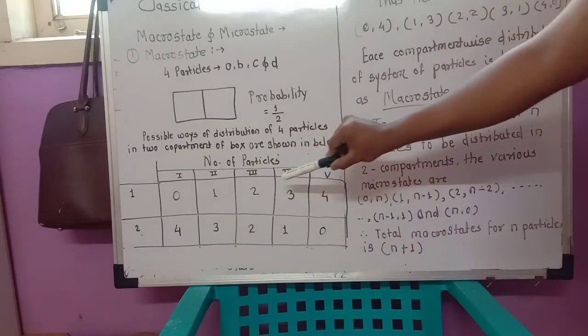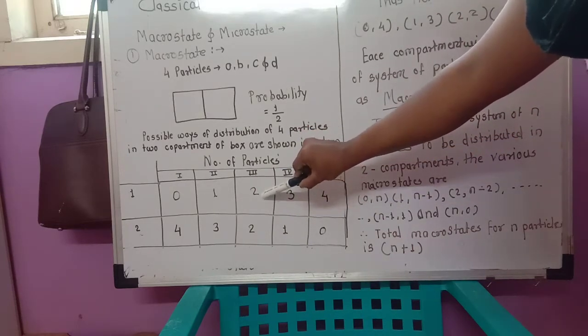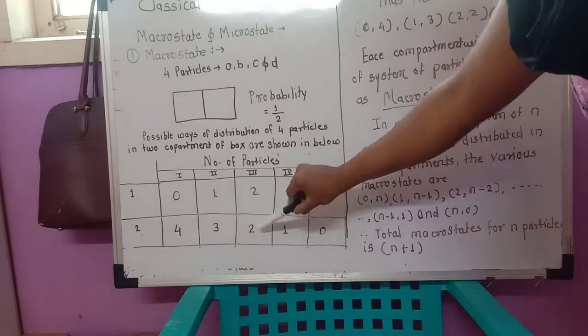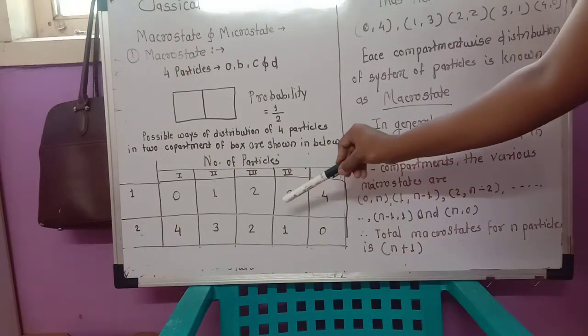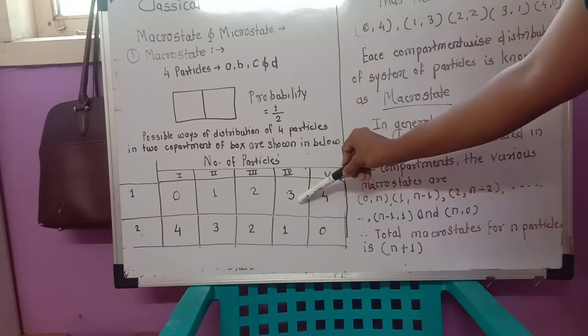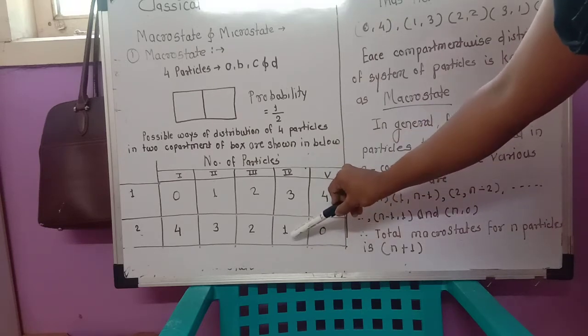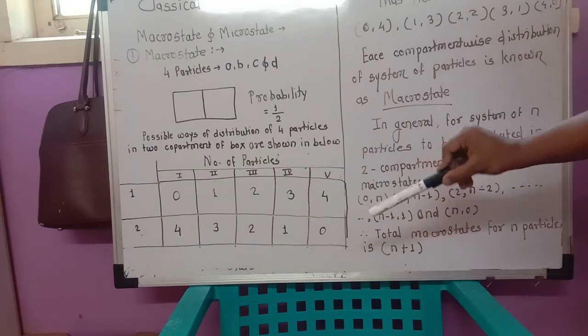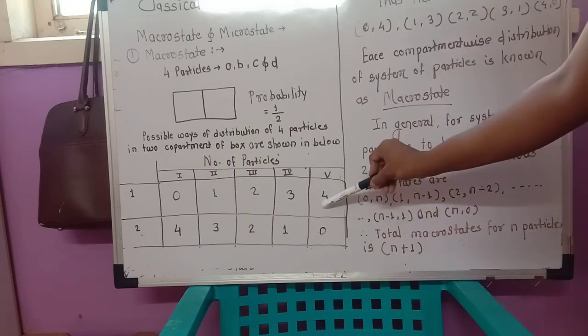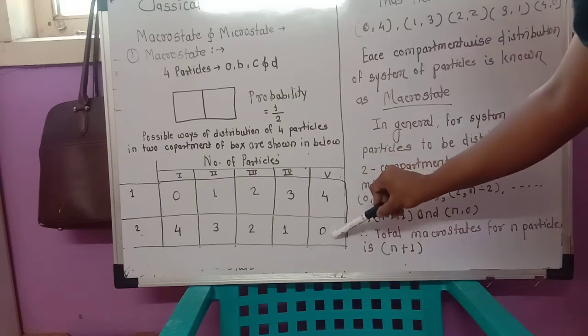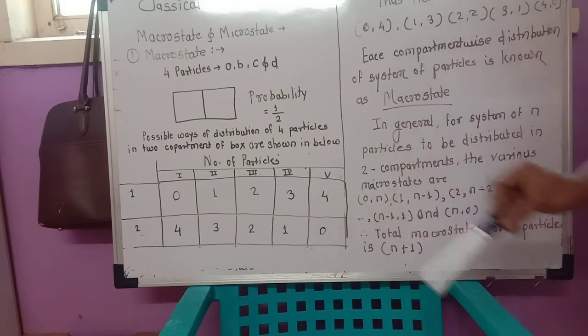Another way, one compartment contains 2 particles, another contains 2 particles. Fourth distribution, compartment 1 contains 3 particles, compartment 2 contains 1 particle. Another distribution, compartment 1 contains 4 particles and compartment 2 contains 0 particles.